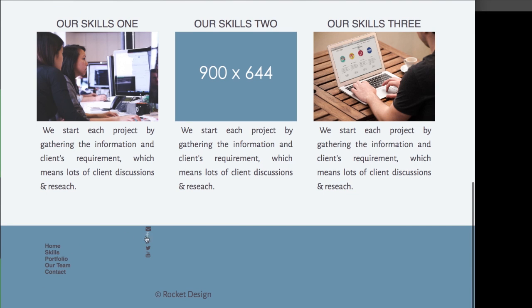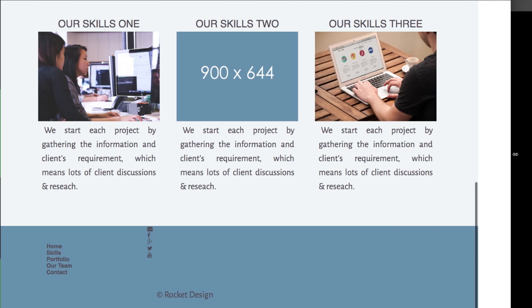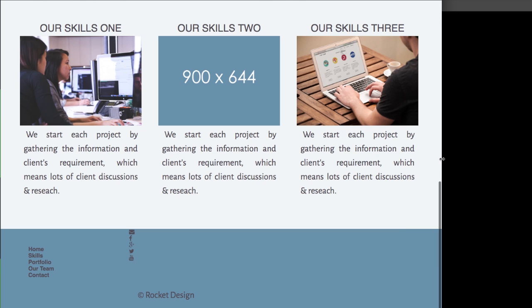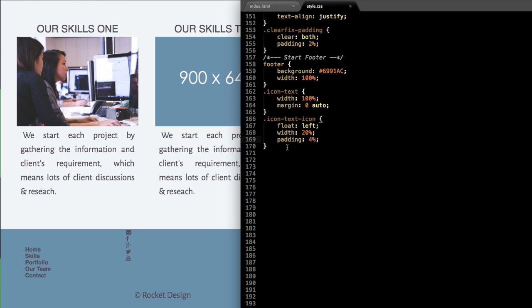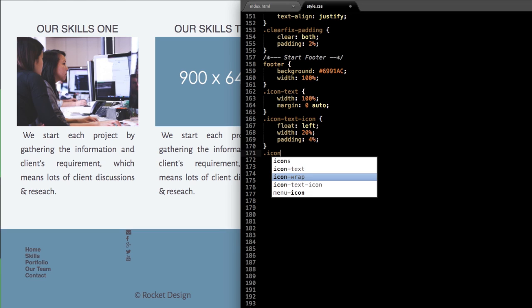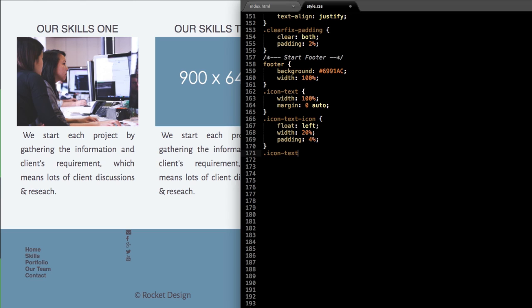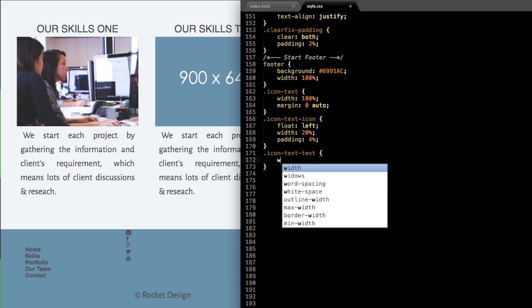So let's go ahead and style the second main section in the footer. So this is the icon-text-text section, and then we'll get back to the navigation there on the left. So icon-text-text, which will contain the social media icons.